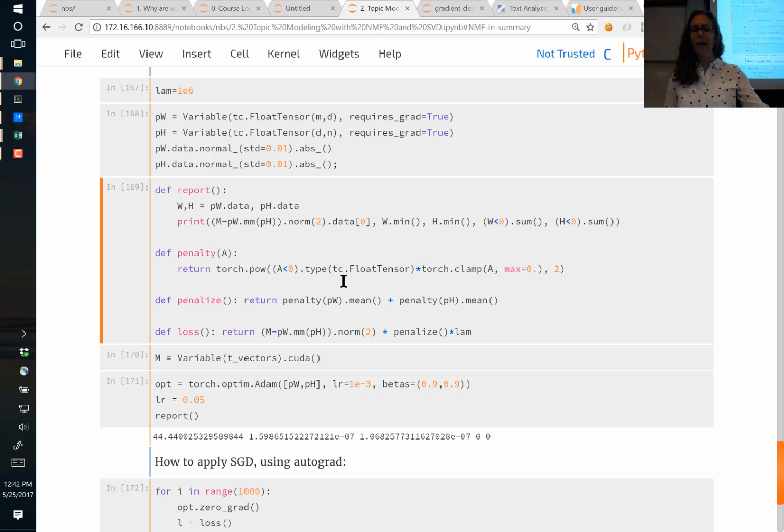We do still want a penalty term. We take our matrix and check whether it's less than 0. If it's less than 0, we take its value; otherwise, the value is 0. So we're maxing it at 0.